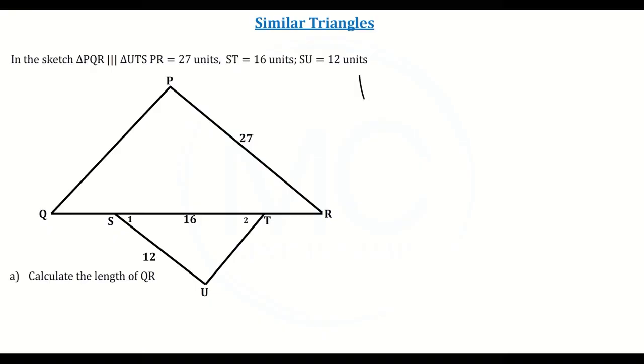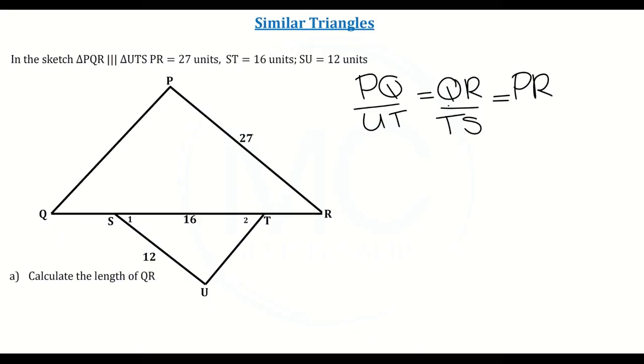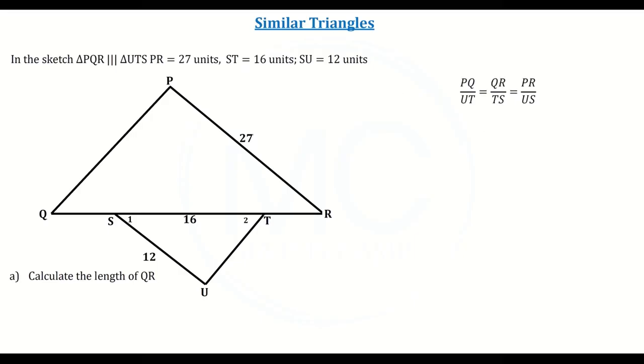We have PQ over UT is equal to QR over TS, which is equal to PR over US.